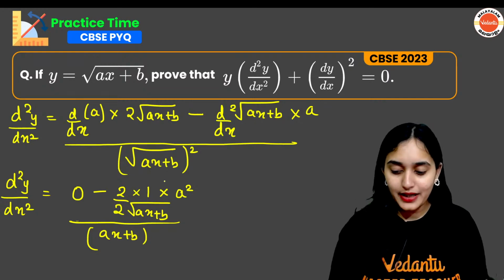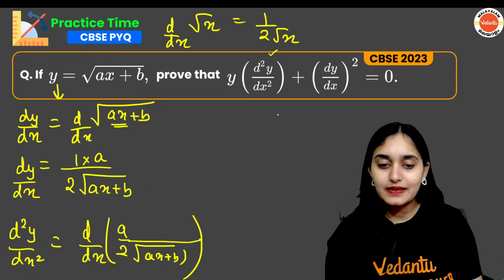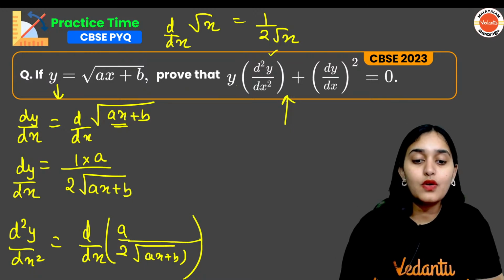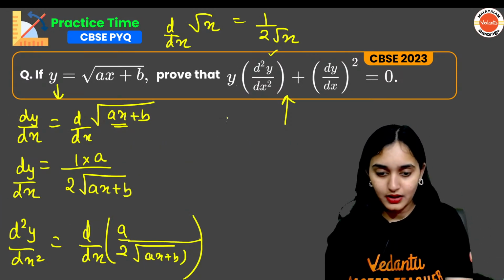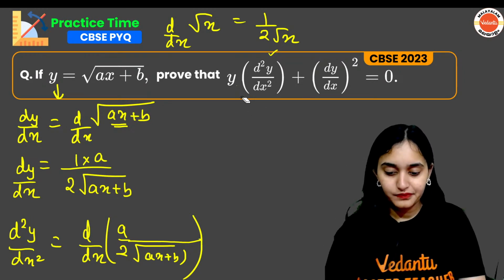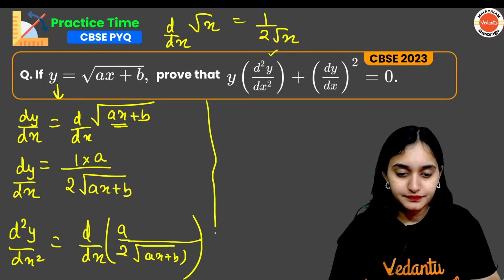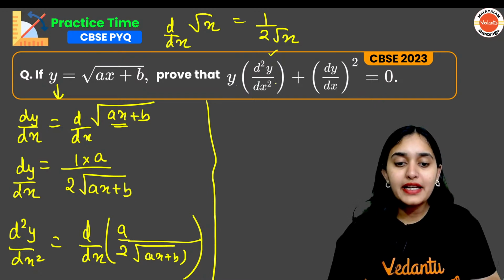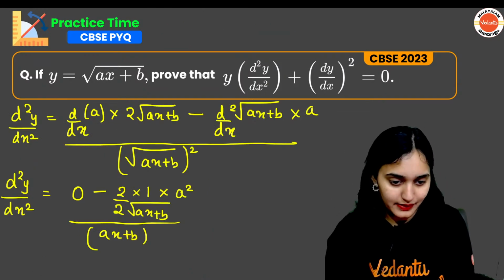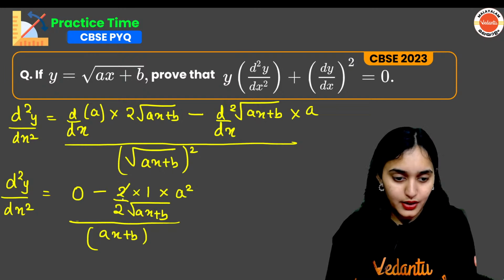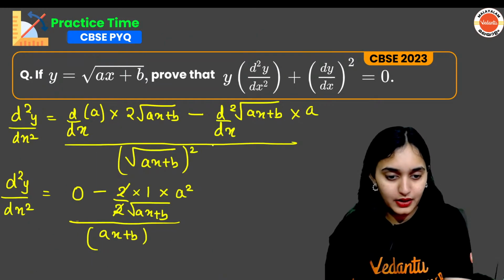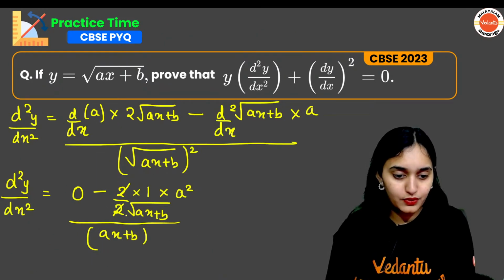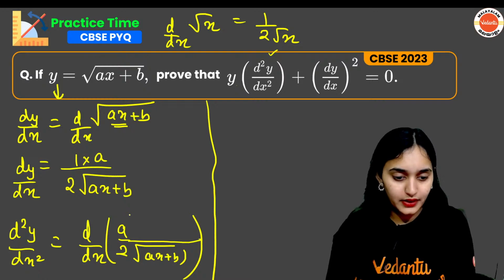Now we will check whether we are getting this equal to 0 or not. For checking this, I don't have space, so I'll do it here. Y into d square y by dx square, is it happening? Let's see. 2 cancel and we have a by 2 root ax plus b, a by 2, no, we are not getting that.